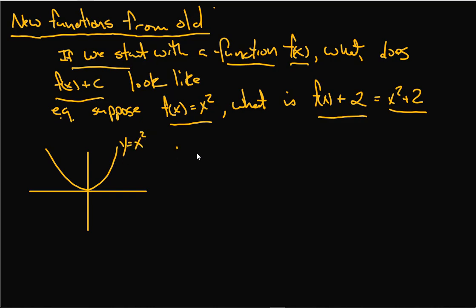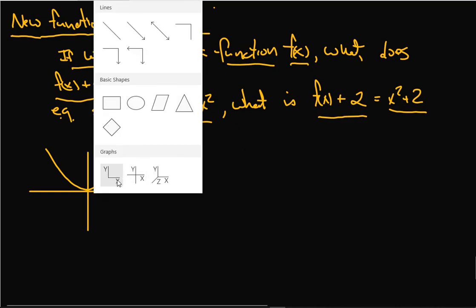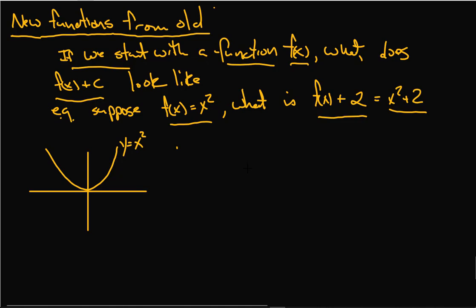So what about this function? When x is 0, before, when x was 0, we got 0 squared, or 0, so we had the origin. Now when x is 0, we get 2.